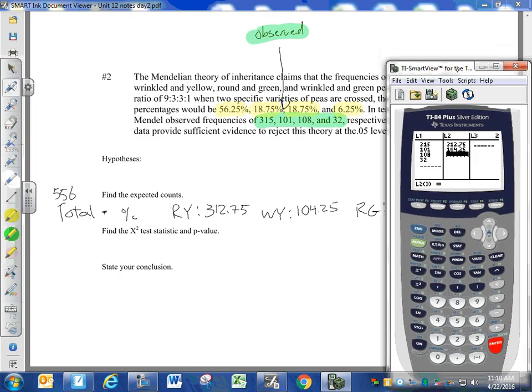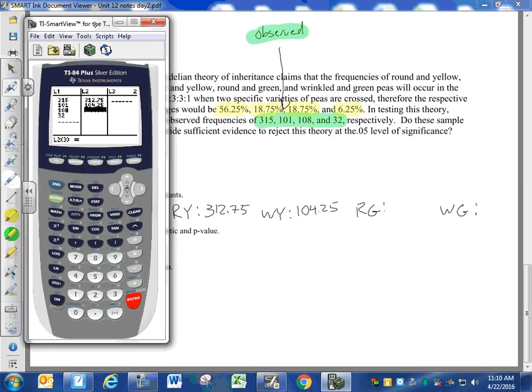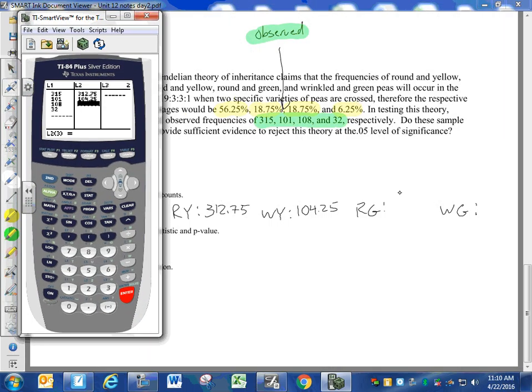What would be the next one for round and green? Right, it'd be the same thing because it's the same percentage. What do we get for wrinkled and green? 34 on the dot, 0.75.